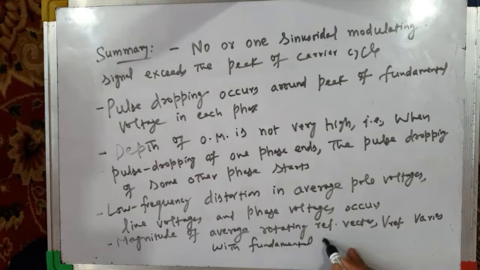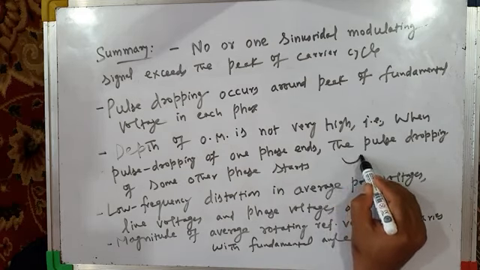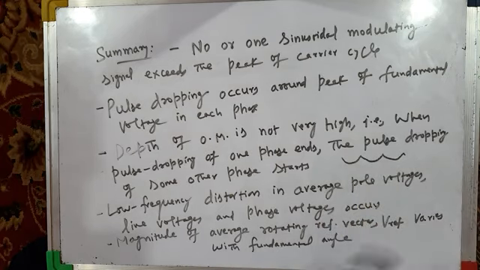We have seen over one line cycle, your reference vector varies like this. It's not constant. It varies in each sector and over the complete line angle. So it varies. It's not constant. It varies with fundamental angle.